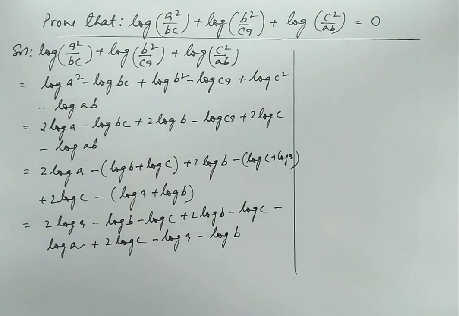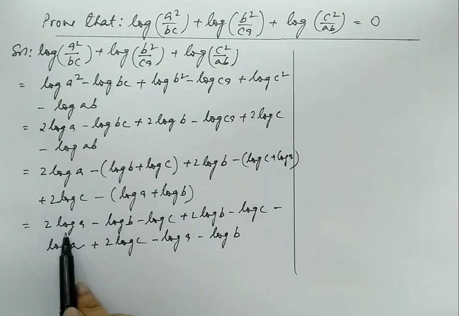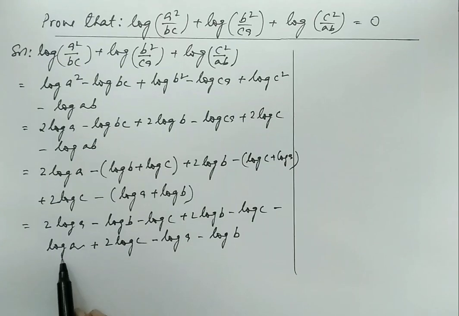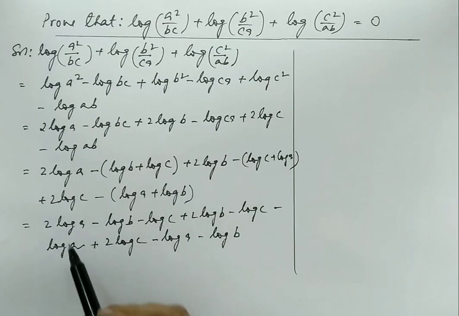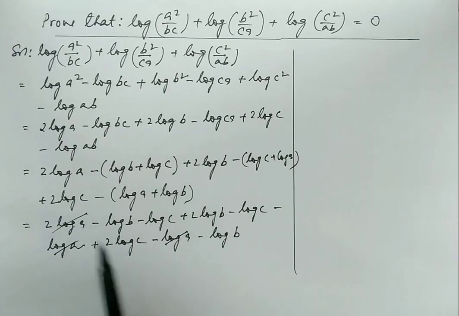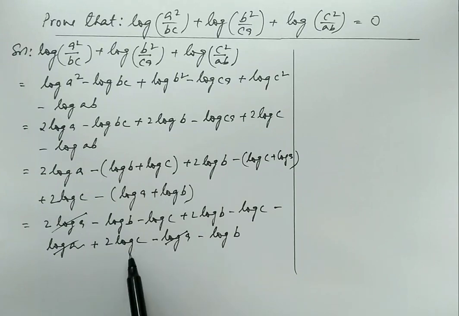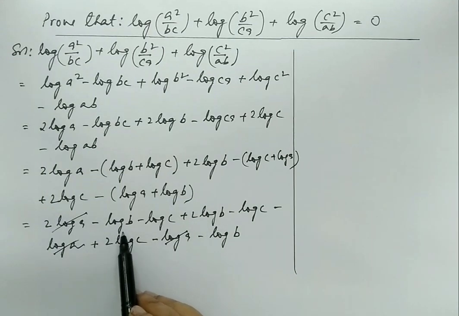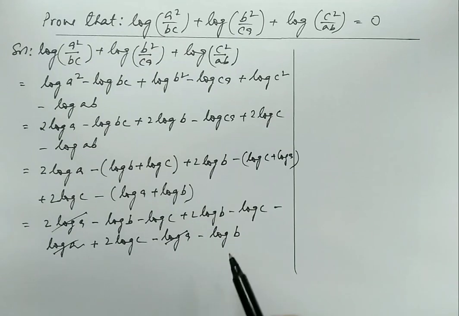Alright guys, now let us try and find out. We have, for example, 2 log A. This is positive, but here we have a minus log A and a minus log A here. So they get cancelled. Then we proceed with 2 log B. It shows here 2 log B, and we have minus log B here and minus log B here.